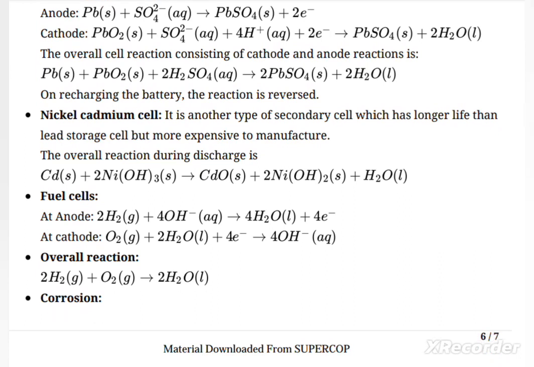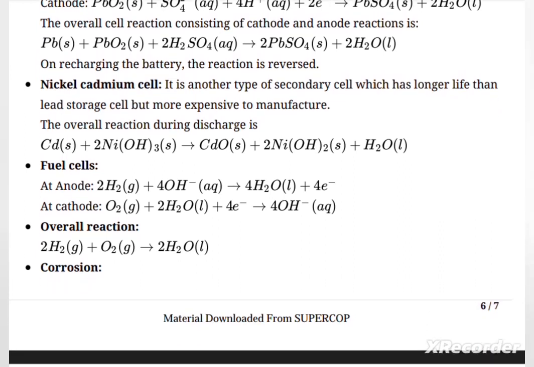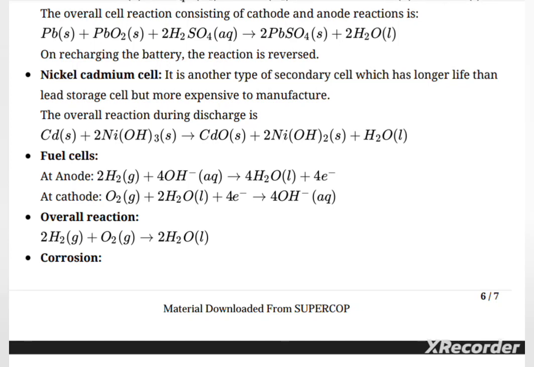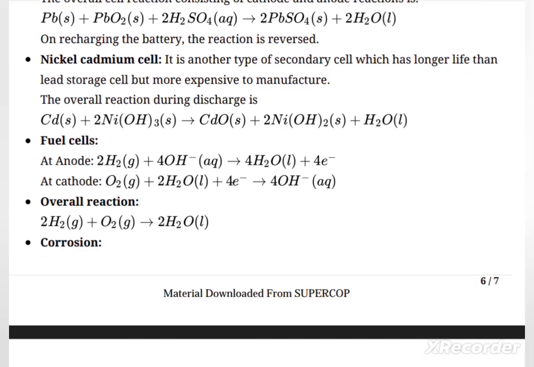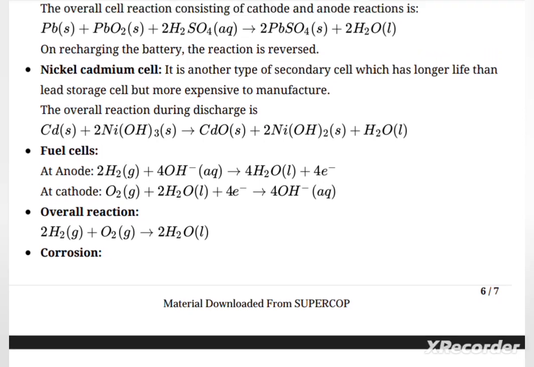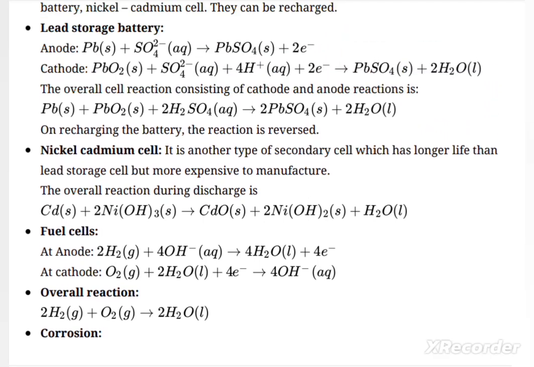What is meant by the nickel cadmium cell? It is another type of secondary cell which has a longer life than the lead storage battery but is more expensive to manufacture.